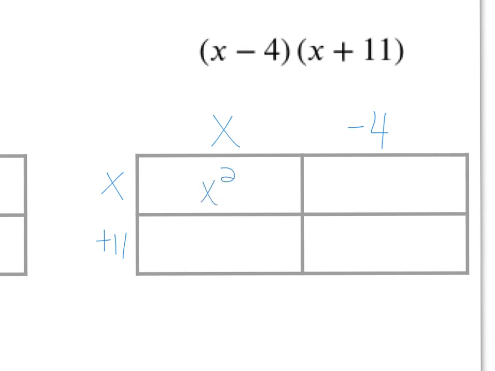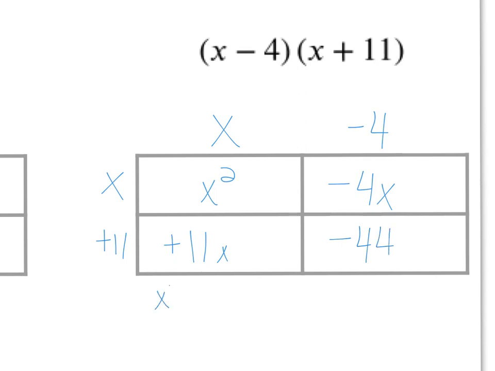This area over here is negative 4 times x. So that is negative 4x. Down here, I have 11 times x, which is positive 11x. And then in the last corner, I have negative 4 times positive 11, and that's going to be negative 44.